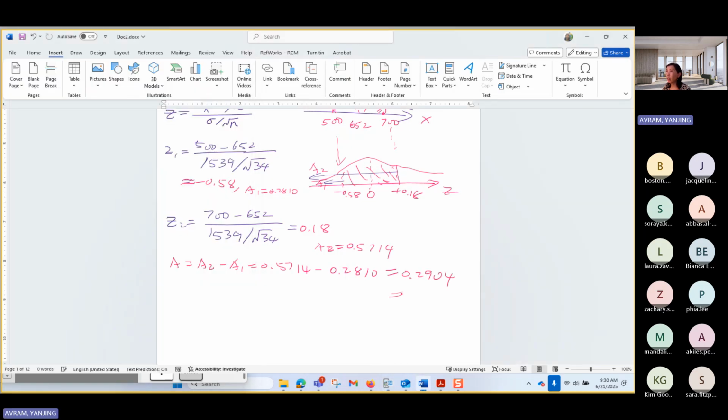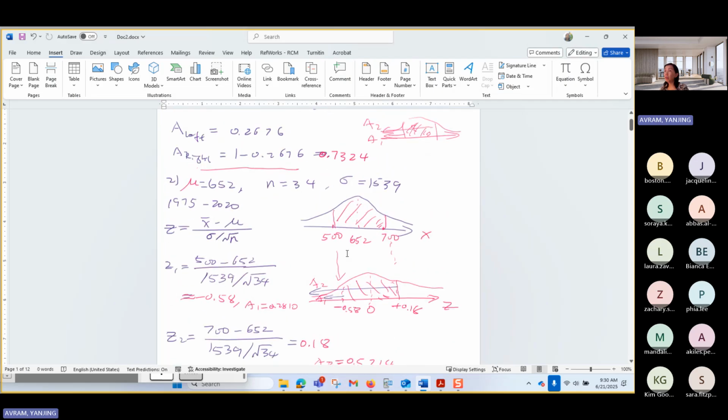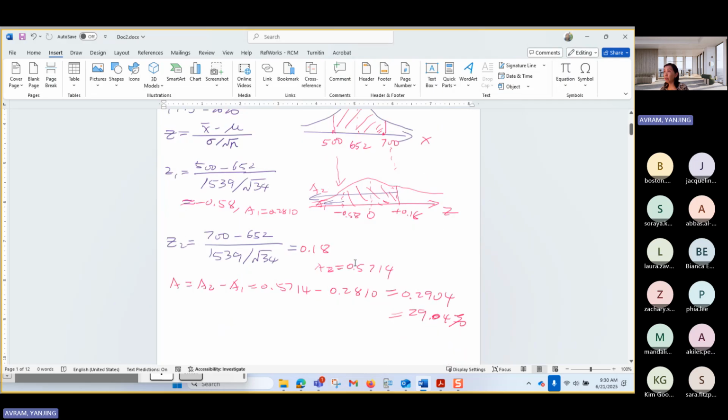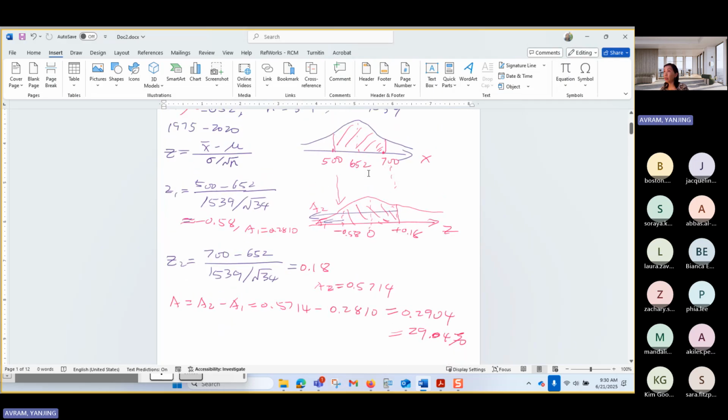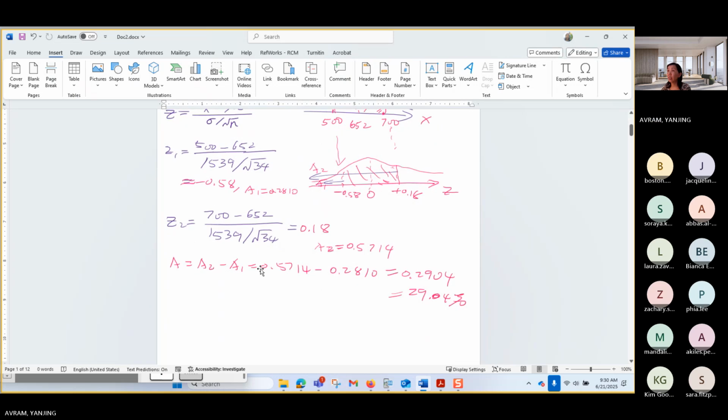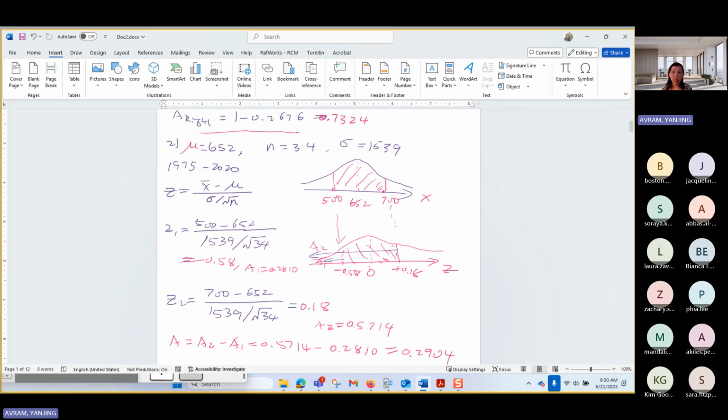All right, or you can convert it into a percentage if you want to use the percentage. Okay, so that is how you find the area. So the probability of the Dow Jones Industrial Average being between 500 and 700 would be about 29.04%. Okay, in this case. All right, and then you can choose whatever the corresponding answer is in here. All right, so that is how you find this type of probability.